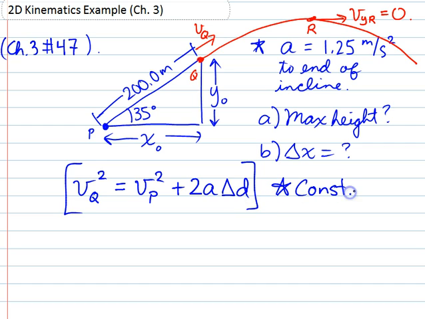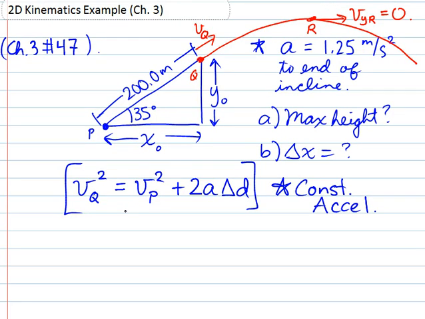This equation is only valid if the acceleration is constant. If the acceleration is changing as a function of time, which does happen in this course, this equation is not valid. So you have to be very careful.